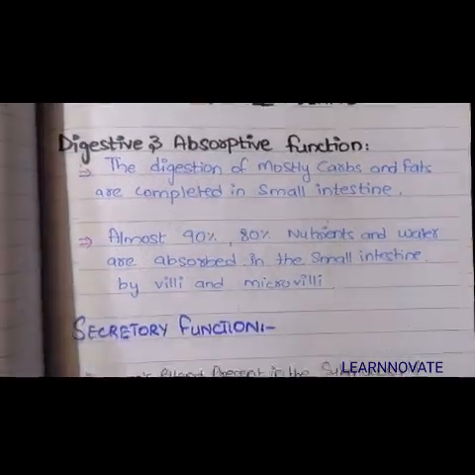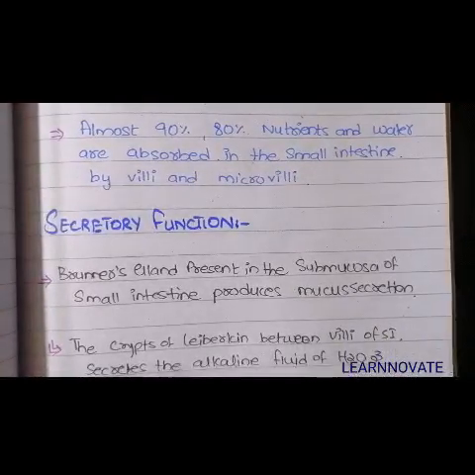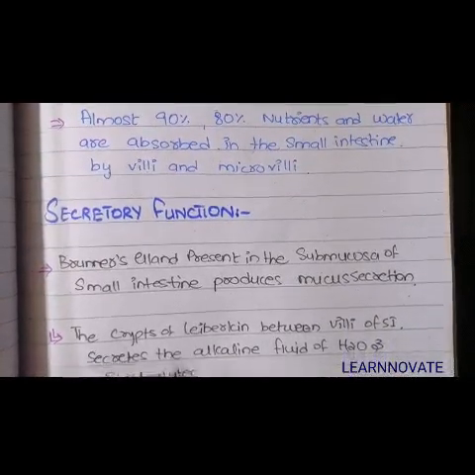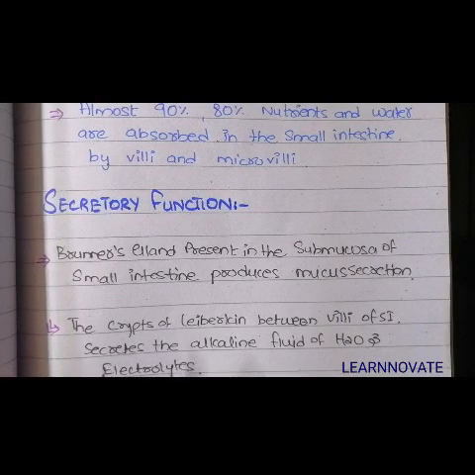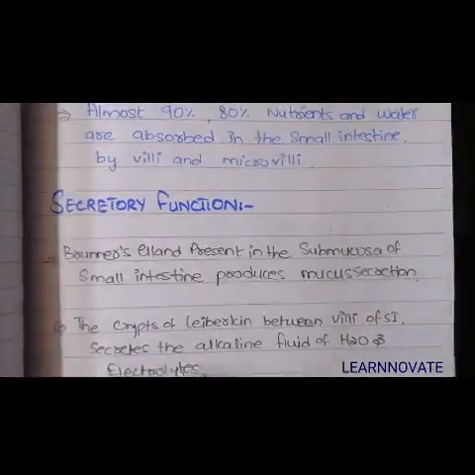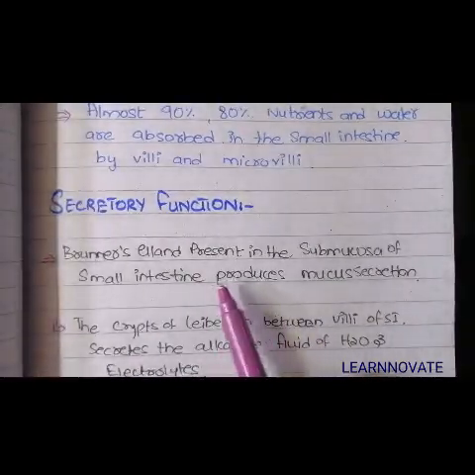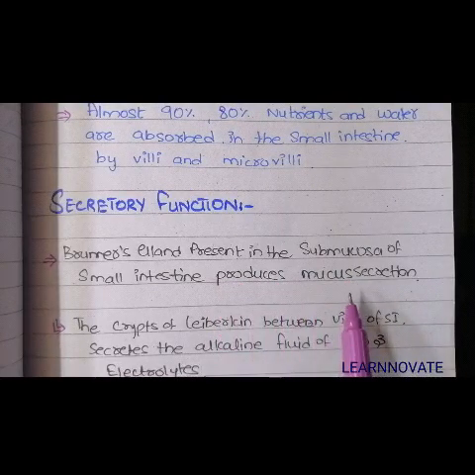The second physiological function of the small intestine is the secretory function. The secretory products from the small intestine are important for digestion, and mixing food with these secretory products helps digest the food easily so it can be absorbed in the small intestine. The Brunner's glands, present in the submucosa of the small intestine, produce mucus secretion.